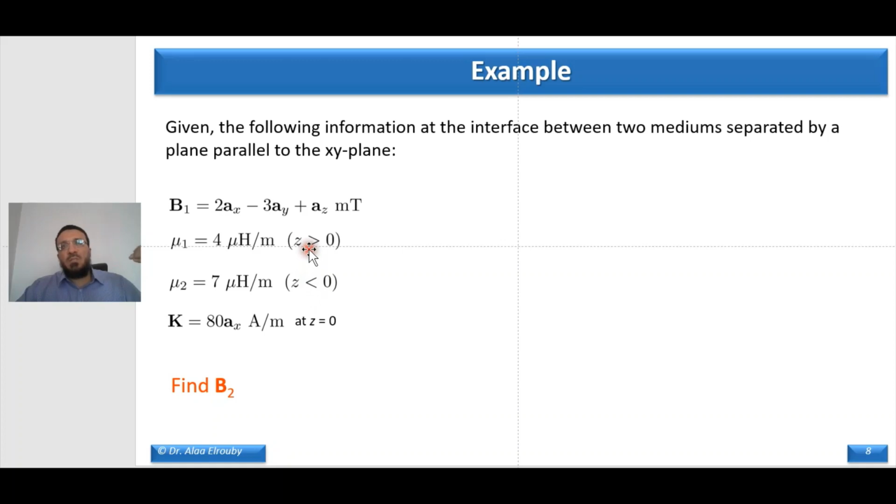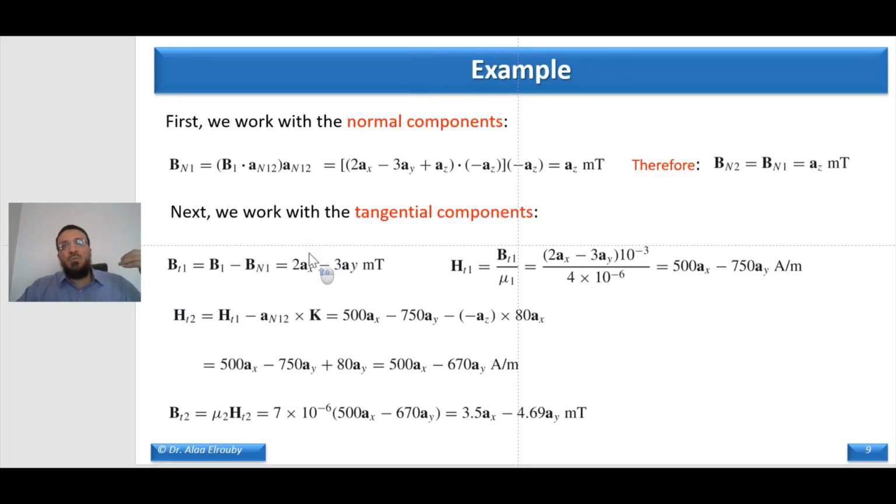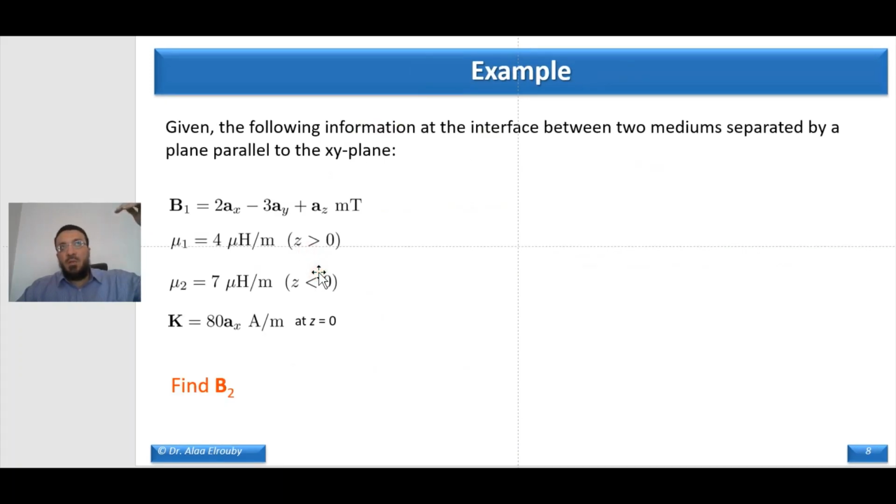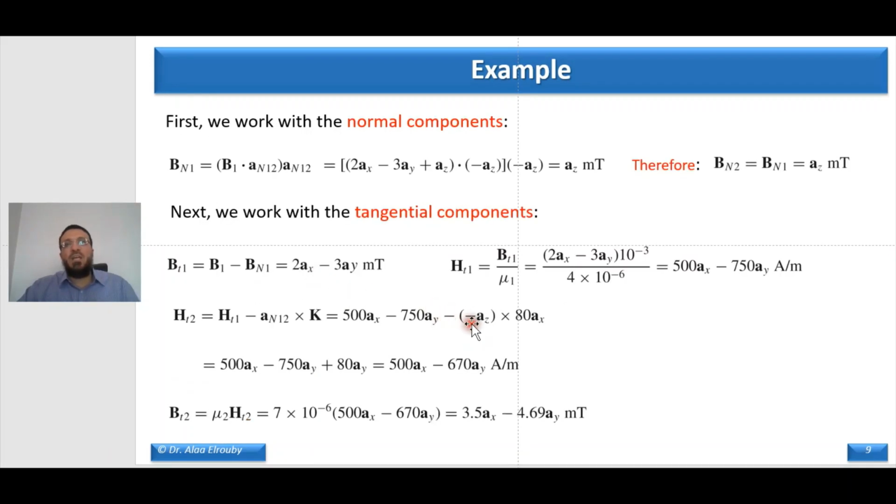So the vector coming from medium 1 to medium 2 is going from positive to negative. So it is in the direction of negative az, cross product with the K unit vector, the surface current. We do the math to find B tangential 2, which has these two components.